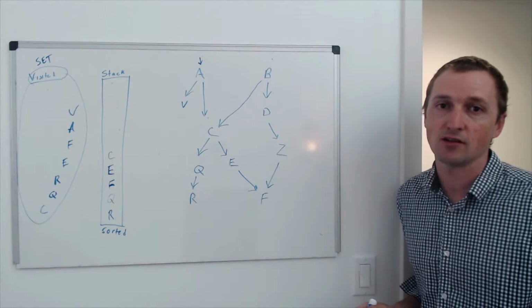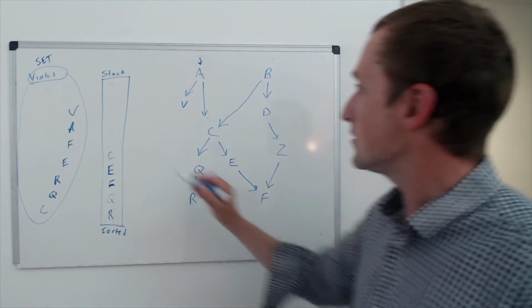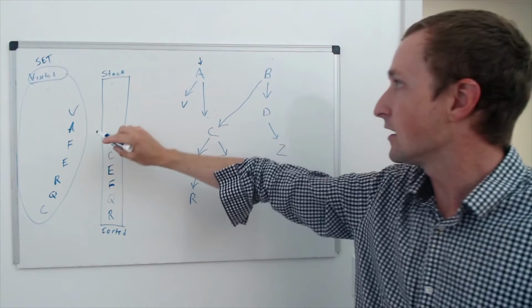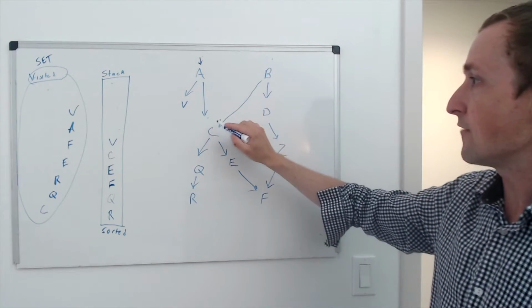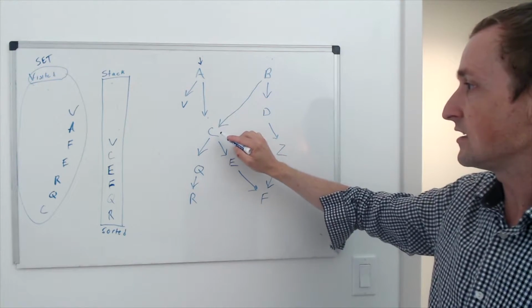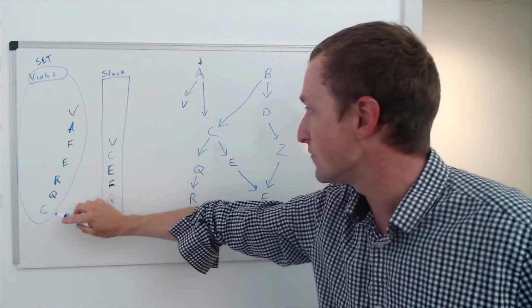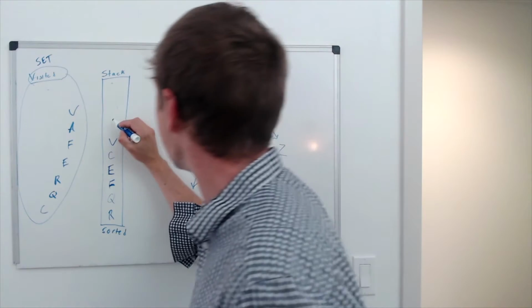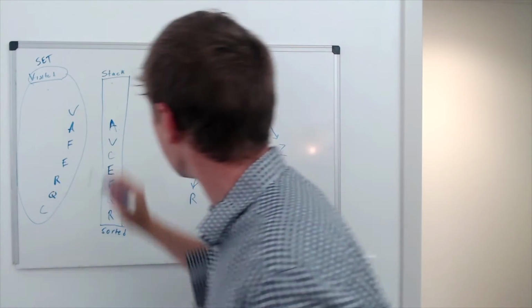No, V does not have any children. So V will be considered sorted. So we'll go back to A. A doesn't have any more children. C has already been visited, so we can consider A totally visited. So we will add A here.